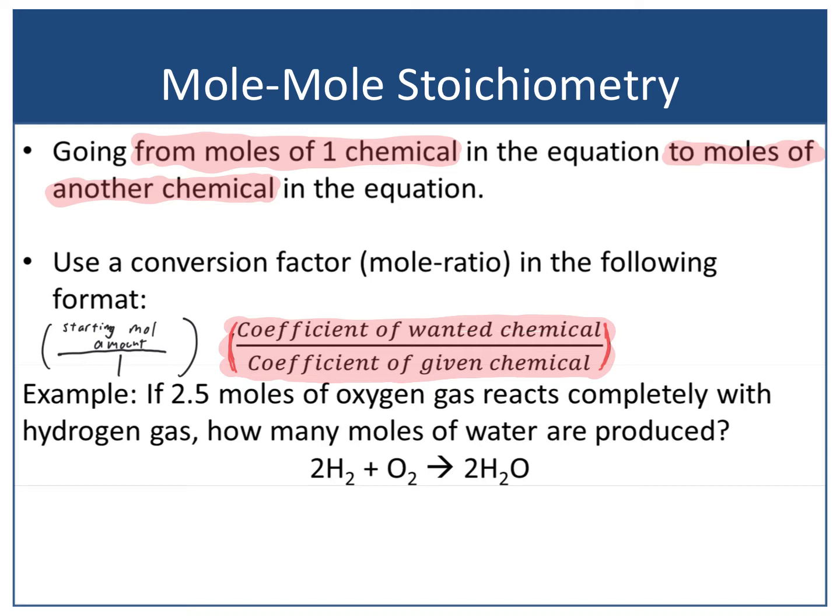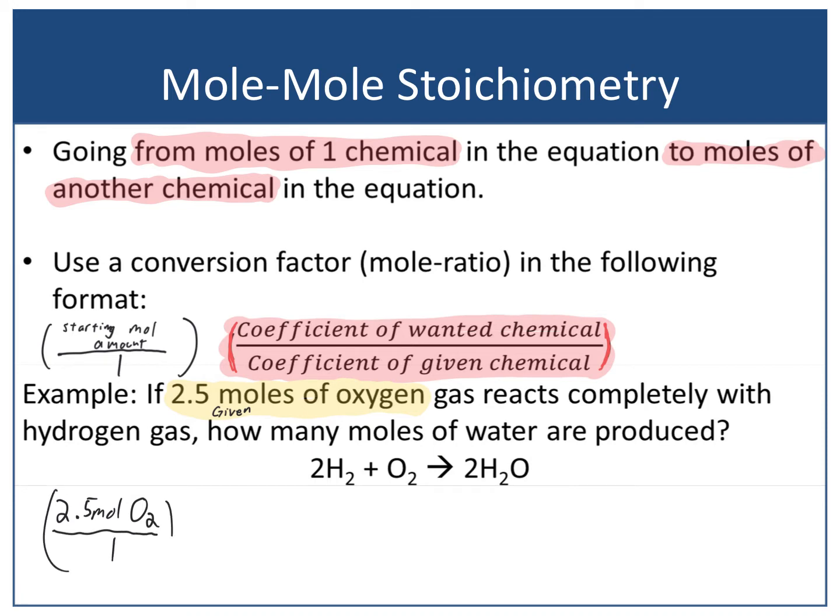So in this first example, we have 2.5 moles of oxygen gas. This is what we are given. So that's our starting amount, 2.5 moles of O2, which is the formula for oxygen gas.